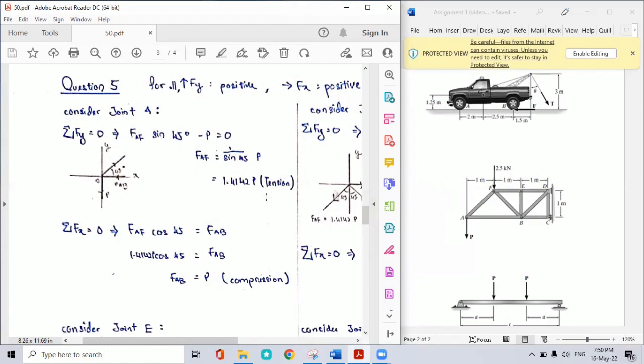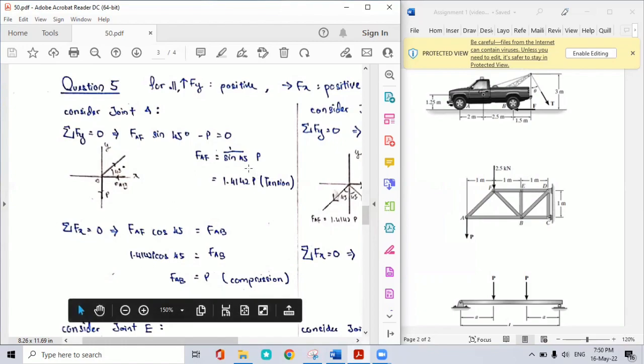This means the truss has a tension right there. Why do we want the sum of vertical force equal to 0 and the sum of horizontal force equal to 0? Because we have to set the whole system in equilibrium.